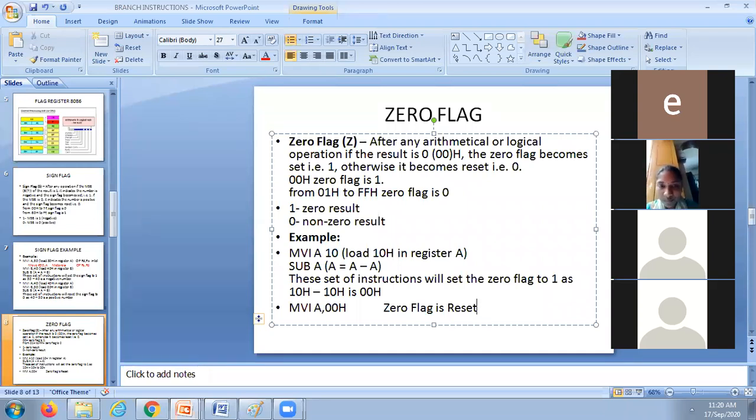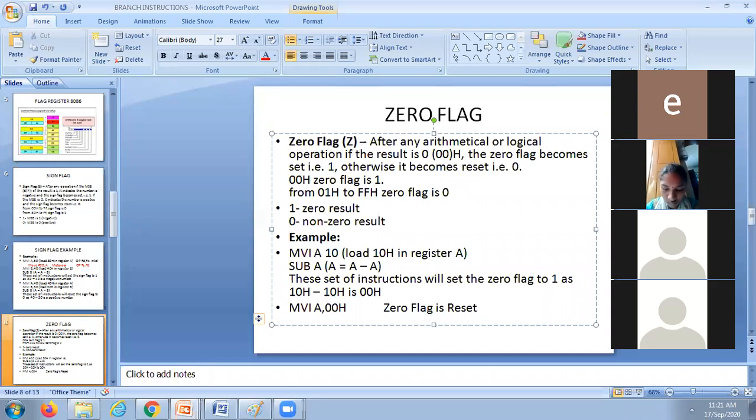The flag register or flag bits are affected only with the results of arithmetic operations or logical operations. For arithmetic instructions and logical instruction results only, the flag register is affected, not with other instructions.